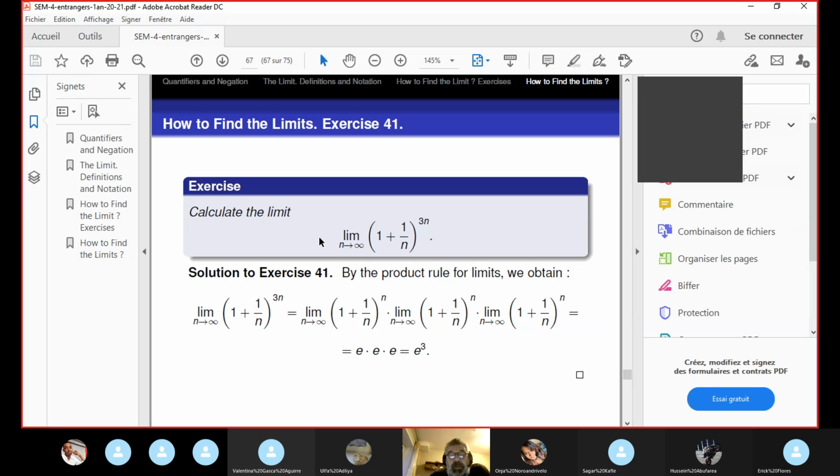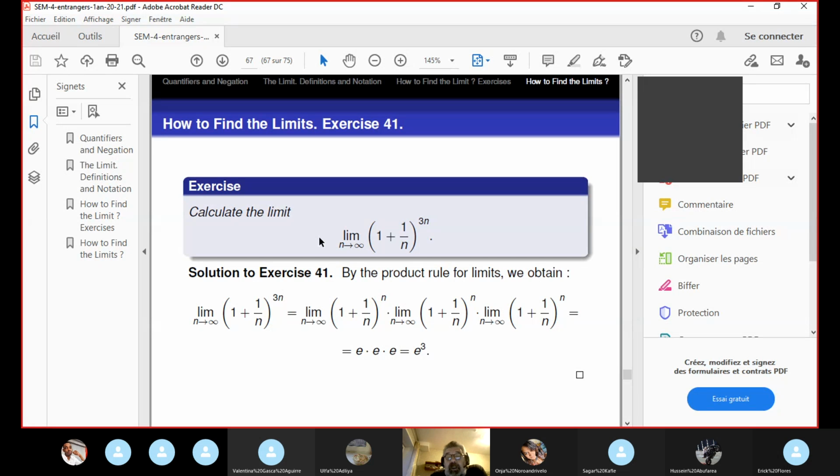In this case, I know by my limit theorem that the limit of the sequence (1 + 1/n)^(3n) will be the product of the limits of (1 + 1/n)^n, same limit, so 3 times.